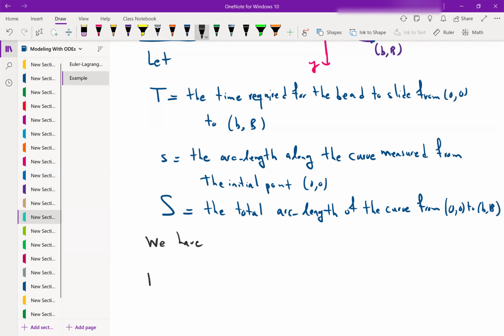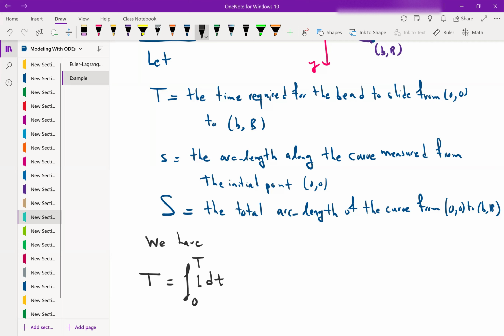We say that this big T is the integral from 0 to big T of dt. This is just the fundamental theorem of calculus, no question about this. Integral from 0 to T of 1 dt, this is 1 dt, right? It is equal to little t as it varies from 0 to big T, and that will give us big T. So no question about that.